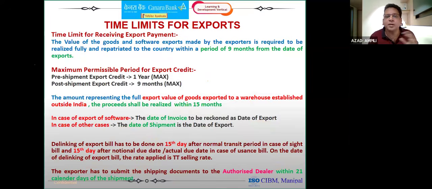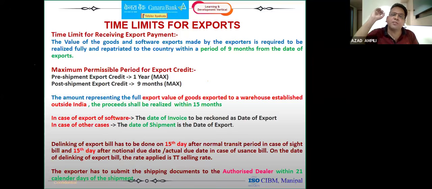So now we will understand what are the time limits for exports. For pre-shipment export credit, 1 year is the maximum time. And for post-shipment, 9 months. Clear? So for pre-shipment 1 year, post-shipment 9 months. But for this 9 months there is an exception.